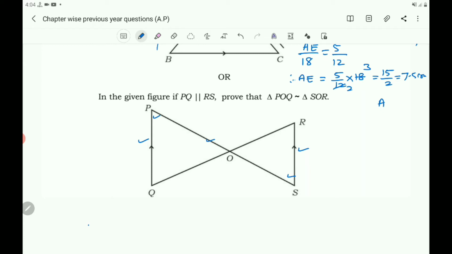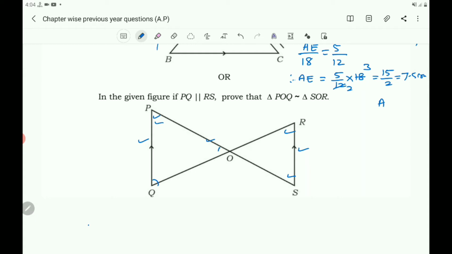And similarly, if you take RQ as a transversal, then angle Q and angle R become the pair of alternate angles, so they must be equal. You know that alternate angles made by the transversal of parallel lines are equal. So you can take two pairs of equal angles here.